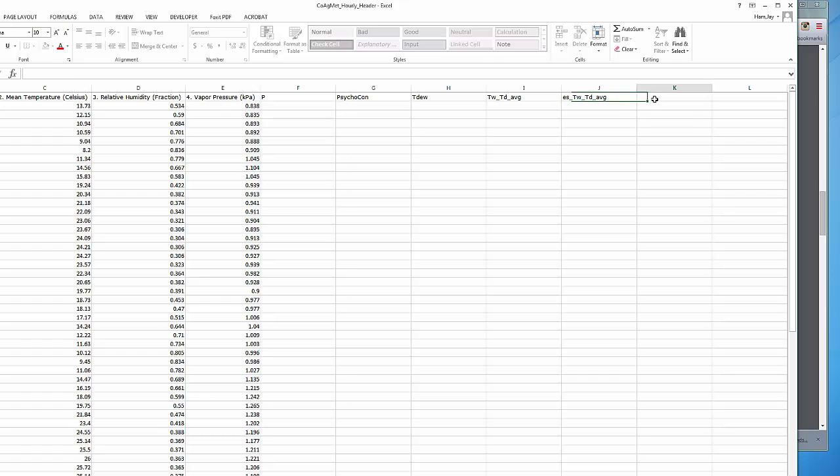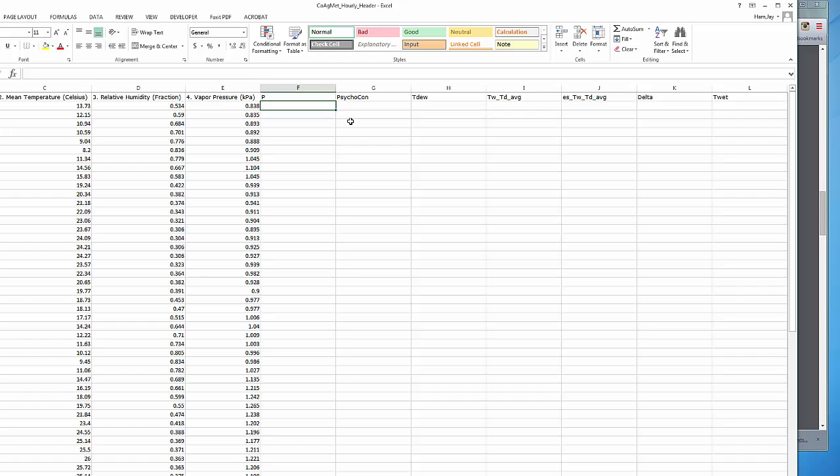We're going to need to calculate delta, or the slope of the saturation vapor pressure curve, and then finally we're going to need to calculate the wet bulb. Okay, so we have to add 7 columns here to work this problem.